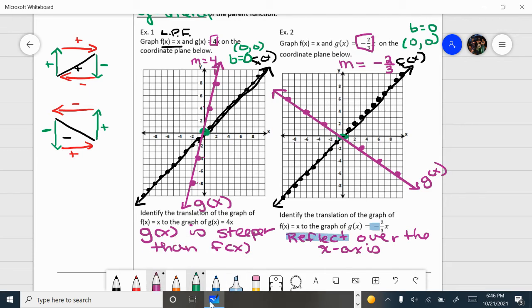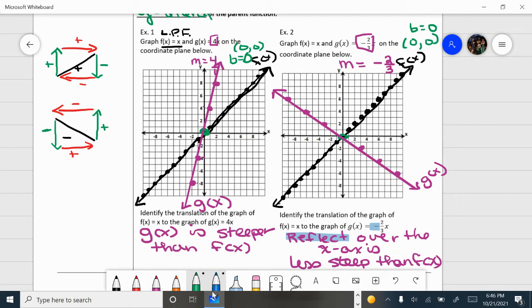Other than that, it is less steep than f of x. So it's not as steep as f of x, and it's reflecting. Now, it might not be as easy to see that it's not as steep if we made it just a positive 2/3. And I'll change color here.